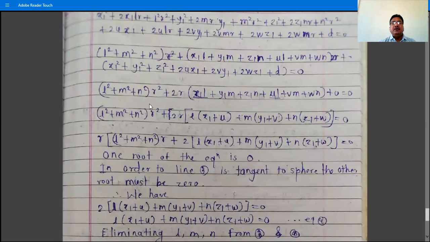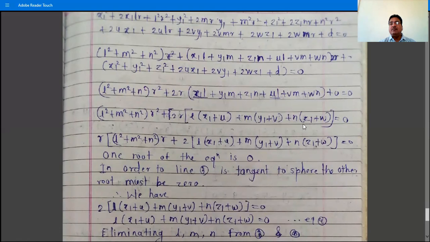Then we have the equation with the value of this bracket substituted as 0. Then we have (l² + m² + n²)r² + 2r in square bracket: x1 l and ul, take l as common, so we have in bracket (x1 + u). Then y1 m and vm, take m as common, so we have (y1 + v).